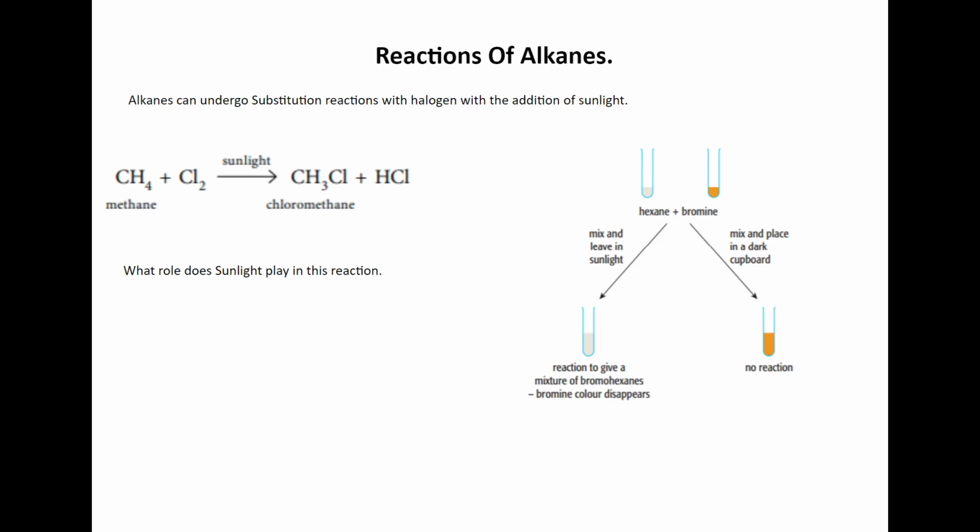In this case, sunlight will break the bond between the chlorines. Once we break that bond, the chlorine can attack our main molecule because it is a free radical, and from there it can do a substitution reaction.